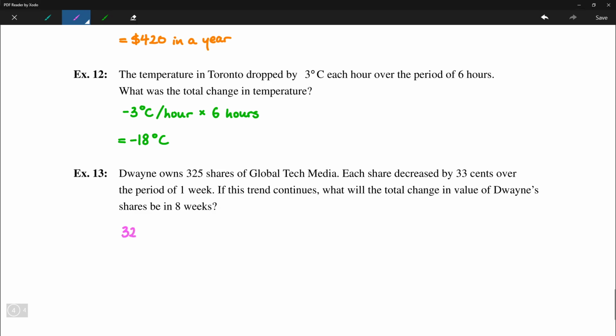So we have 325 shares, multiplied by -33 cents per week. And this trend holds for 8 weeks.